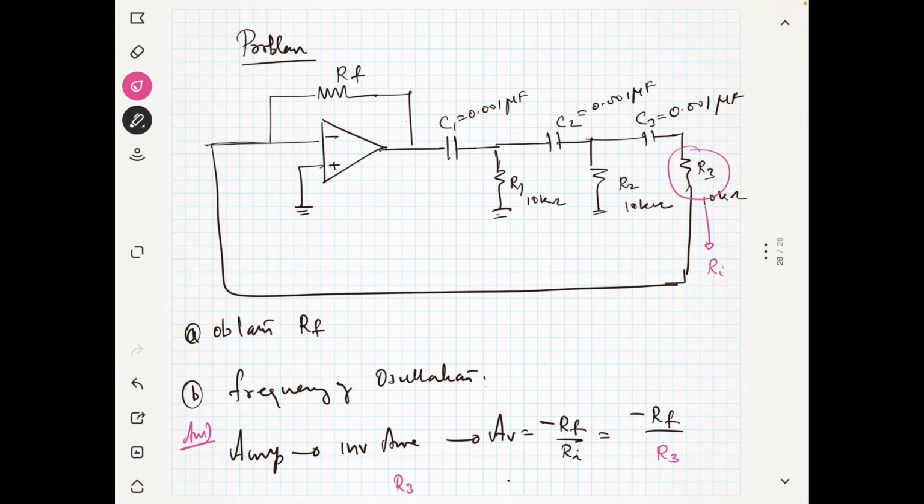Now R3 is given, so we need to find what is RF. So RF is equal to 29 times R3, which is 29 into 10 kilo ohm, which is equal to 290 kilo ohm. So the magnitude of the gain is 29.